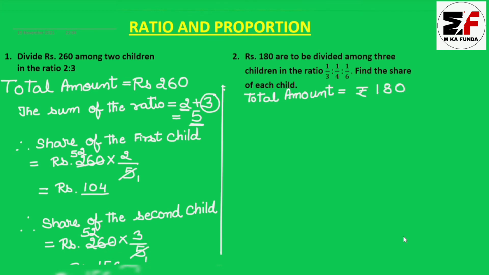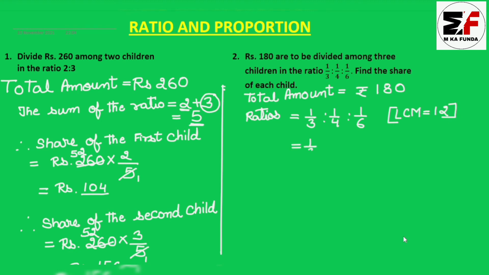Then ratios were, we write here ratios 1 upon 3, 1 upon 4 and 1 upon 6. So we have to take the LCM of the denominator. If you have a doubt, you can refer to my previous video. The LCM will come 12, LCM of the denominator.